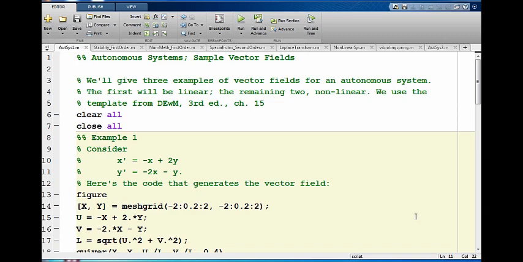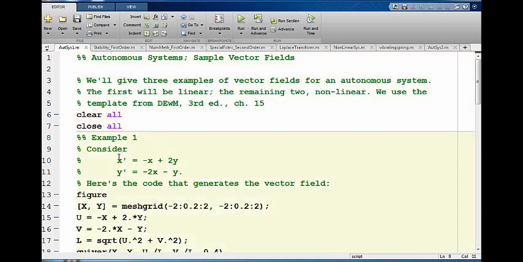Okay, I'm going to have MATLAB solve the three problems and draw the vector fields for the three I just outlined. As usual, it's good to clear everything. Of the three, the first one will be linear and the remaining two nonlinear, and we use the template from the Differential Equations with MATLAB book from the 15th chapter.